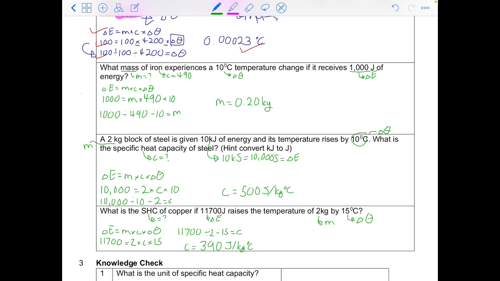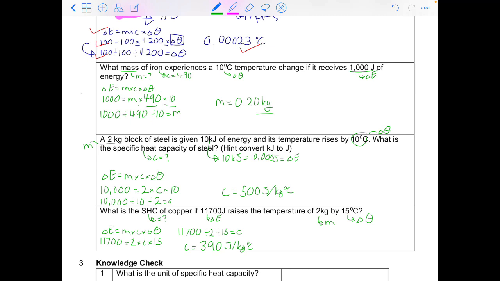So we know our change of energy, we don't know our mass, we know our specific heat capacity, and we know our change in temperature. Our specific heat capacity, remember, comes from that table that we had earlier. So then we were multiplying, so we just need to divide the opposite. So 1,000 divided by 490 divided by 10 gives us our mass of 0.2 kilograms.